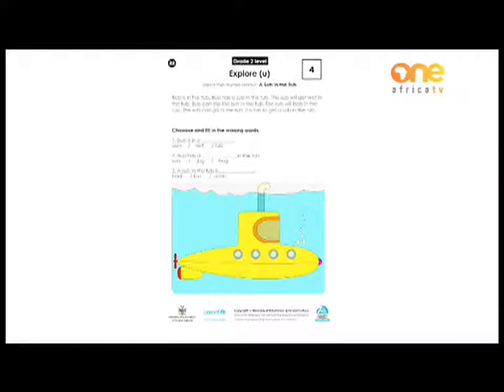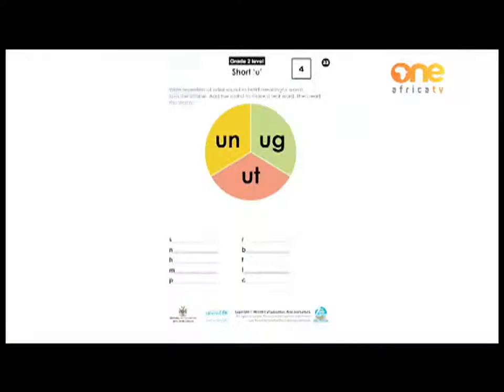I would like for you to complete number 2 and number 3. Let us turn to page 23. It's about the short U. Let us read the instruction. Write repetition of initial sound to build meaningful words.